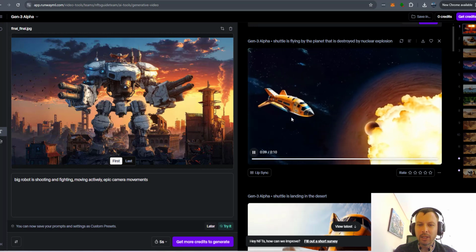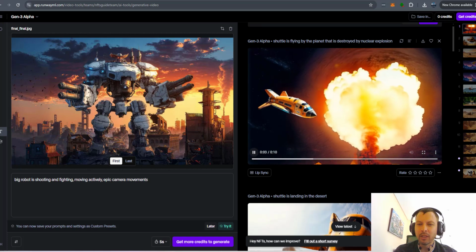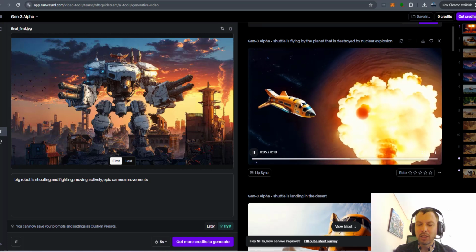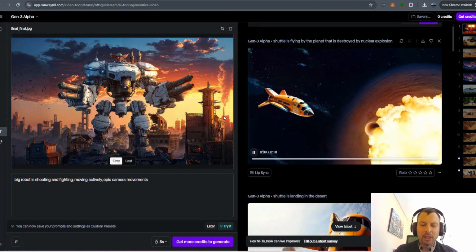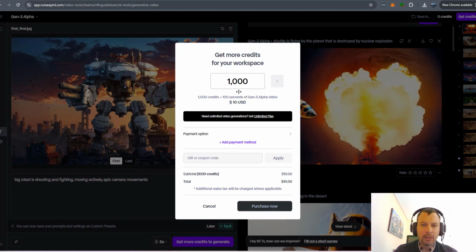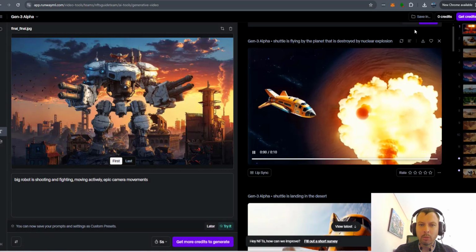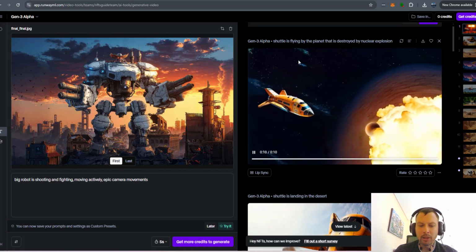So only something like this, very slow panning. You can see barely any camera movement. To keep consistency, it's basically not doing anything. I would say these are the laziest generations, and also the pricing is ridiculous because you pay $1 per generation, and in other ones you can generate much more.